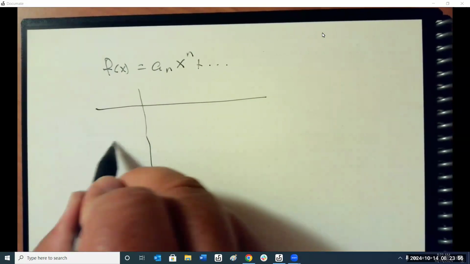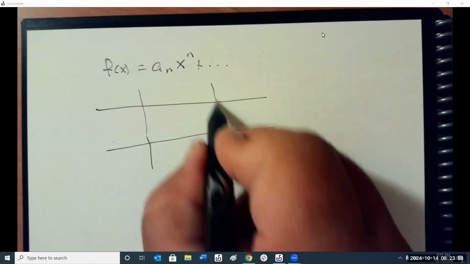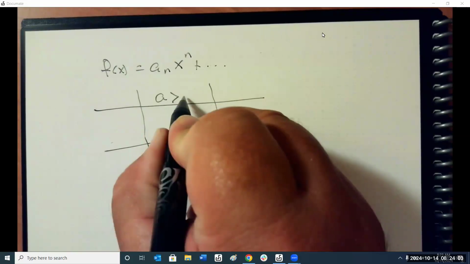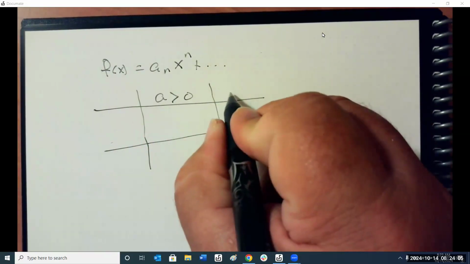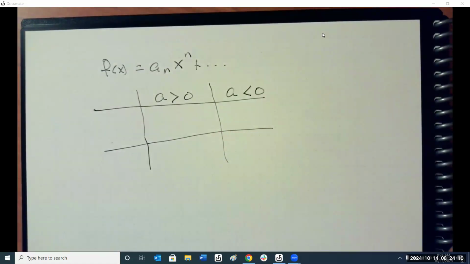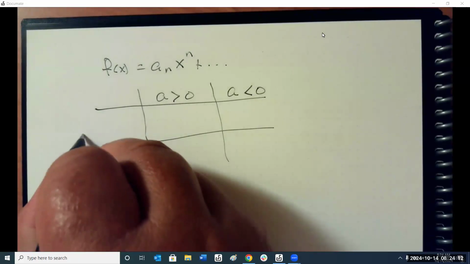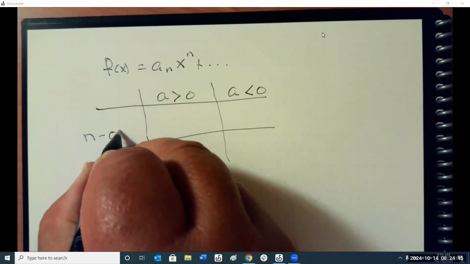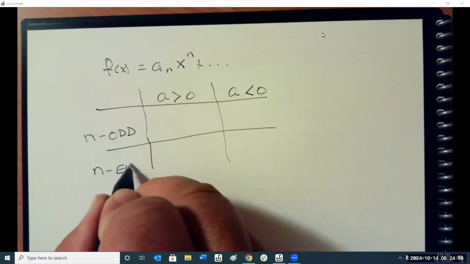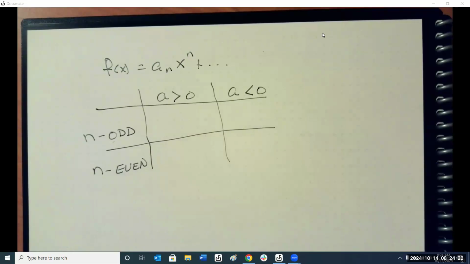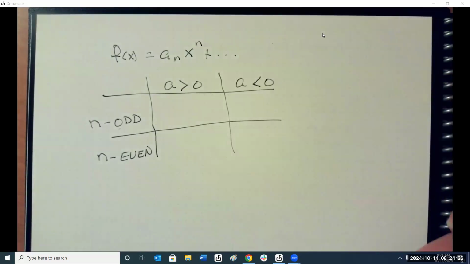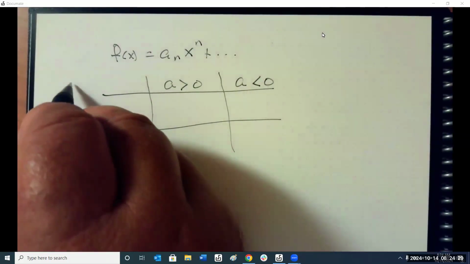And here's how we determine the end behavior. If a, the leading coefficient, is positive versus negative, and n is odd versus n is even. This is only for end behavior.